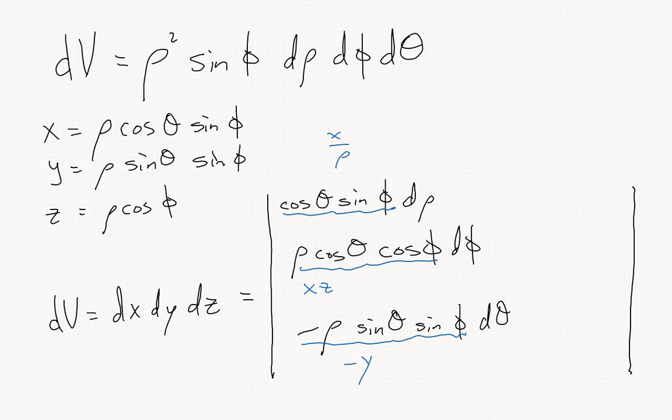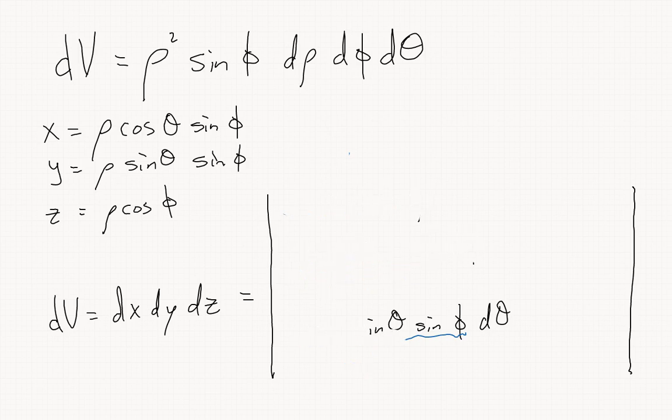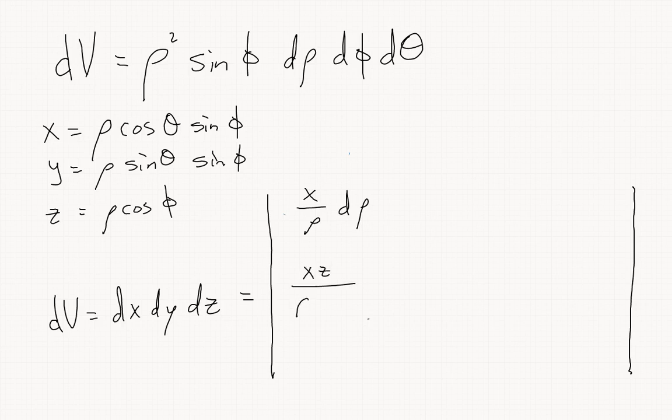So this is xz divided by rho sine phi. If we rewrite this more compactly, it will be x over rho d rho, xz over rho sine phi d phi, and negative y d theta.